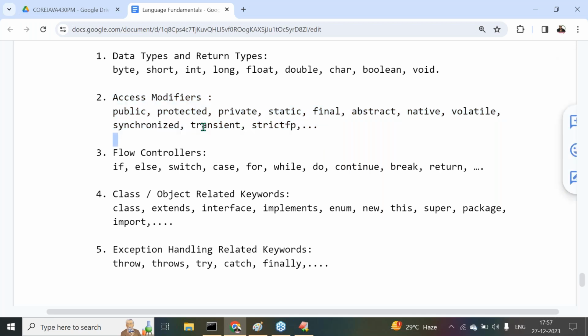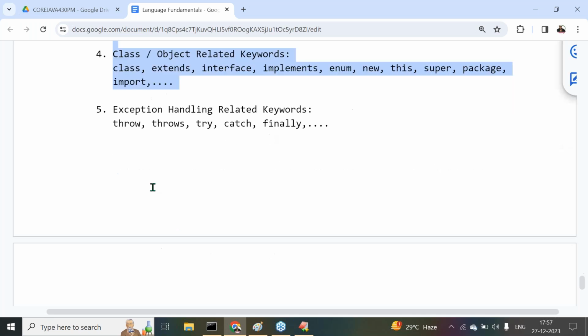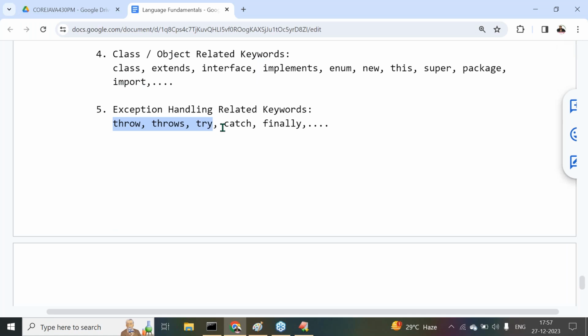Flow controllers: if, else, switch, case, for, while, do, continue, break, return, and so on. Class or object related keywords: class, extends, interface, implements, enum, new, this, super, package, import, and so on. Exception handling related keywords: throw, throws, try, catch, finally. These are all the keywords we are getting now.